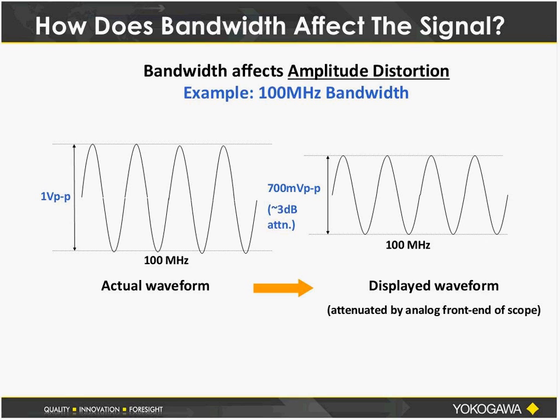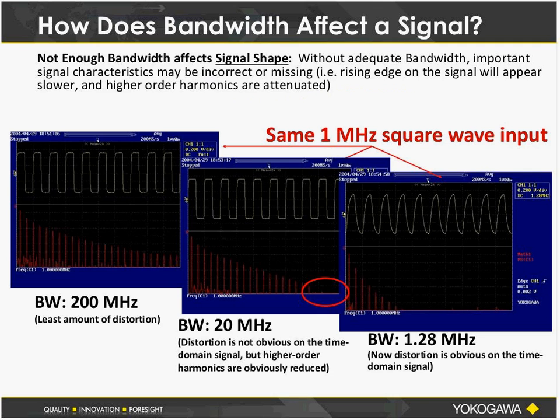So if we have a 100 megahertz bandwidth instrument, then a 1 volt peak-to-peak signal at that bandwidth will be attenuated by 30%. Okay? And bandwidth is important to note because some signals have high-frequency components, especially digital signals.